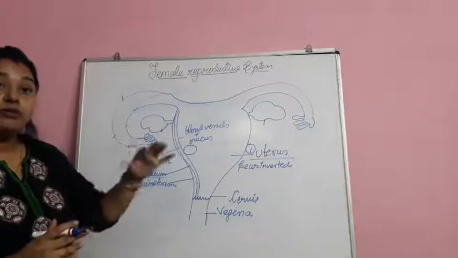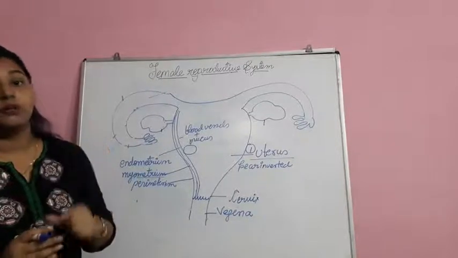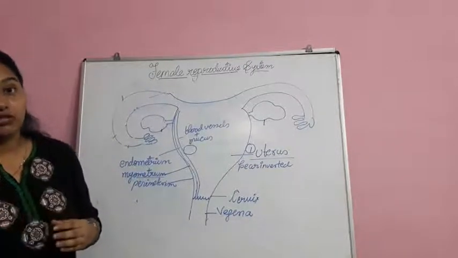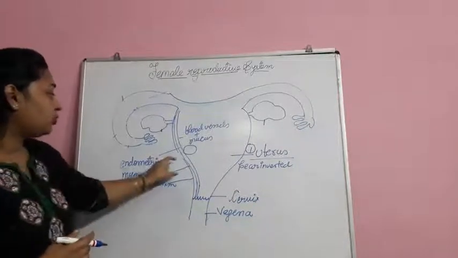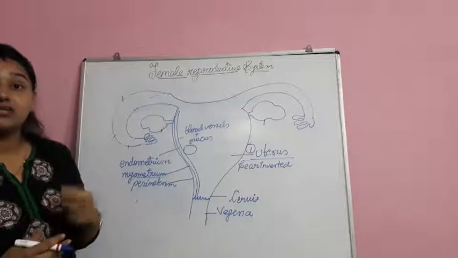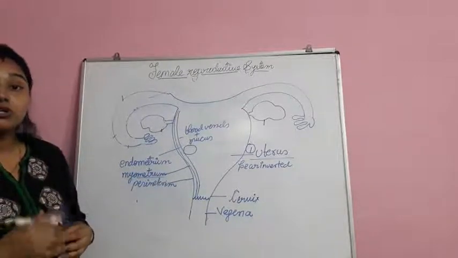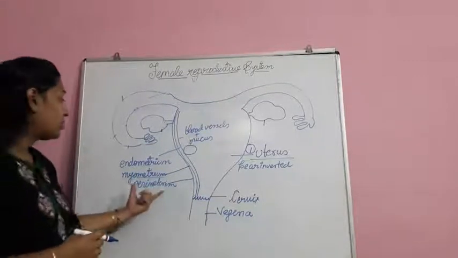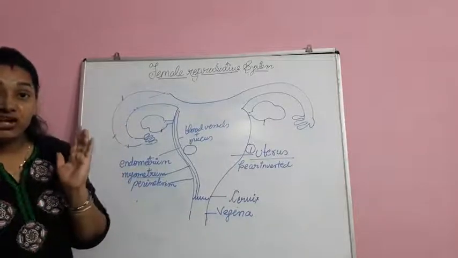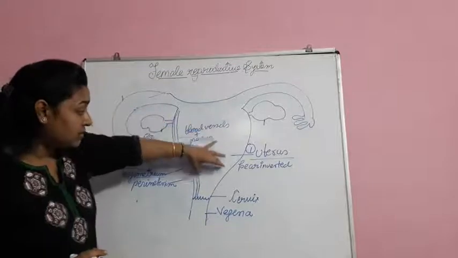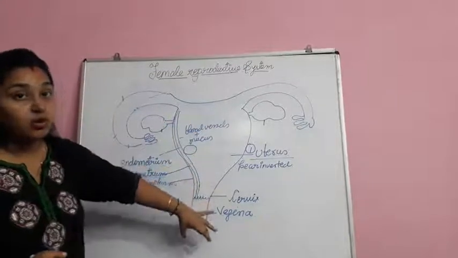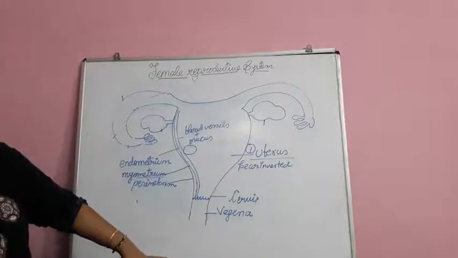Parturition means the time when the baby is delivered. At that time a message is sent, and through that message the oxytocin hormone starts getting secreted, and because of that hormone this myometrium layer starts contracting, and when this layer contracts the baby slowly and gradually starts coming down, and through the vaginal canal the birth takes place.